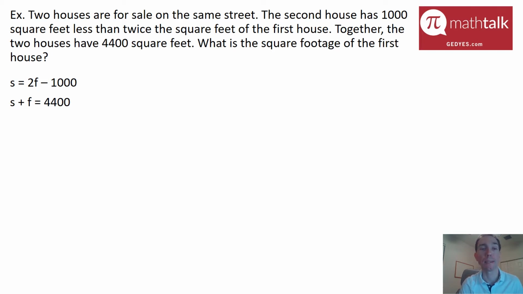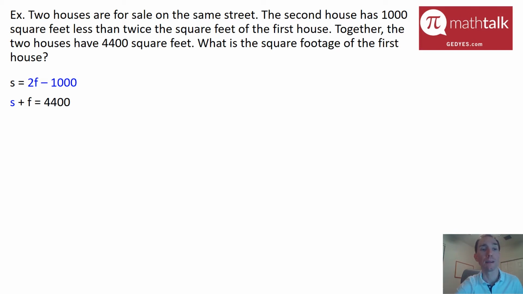And whenever that happens, you can use substitution for the second equation to help set up your problem. So what I mean by that is they tell us that S is equal to 2F minus 1,000. So I can take that 2F minus 1,000 and plug it in for S in the second equation.